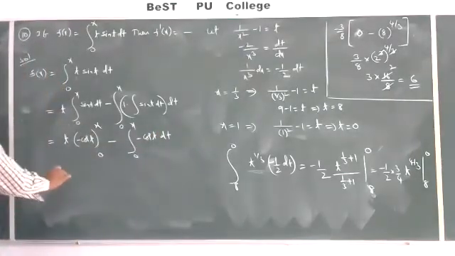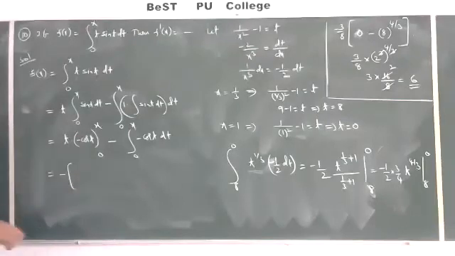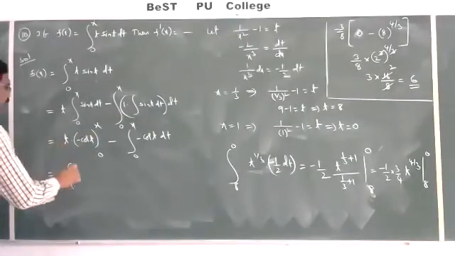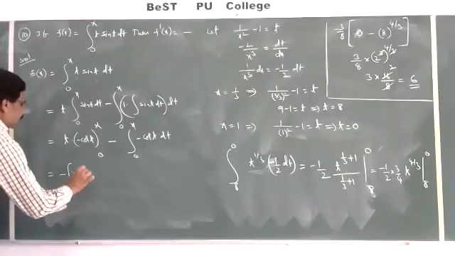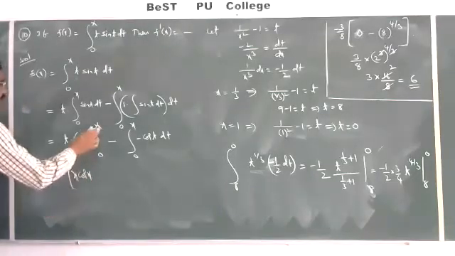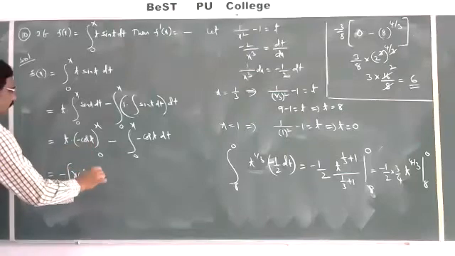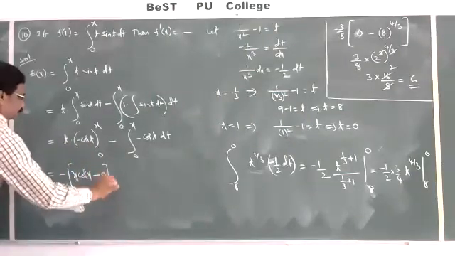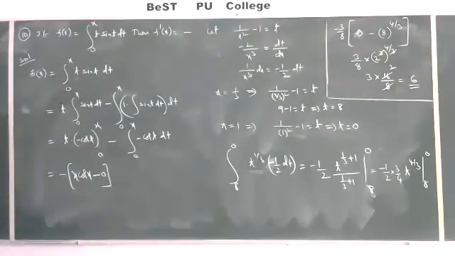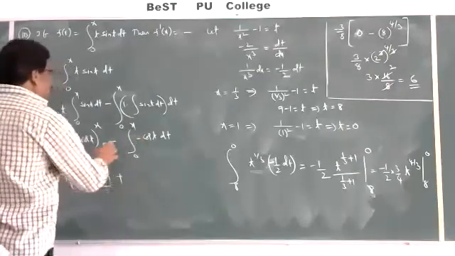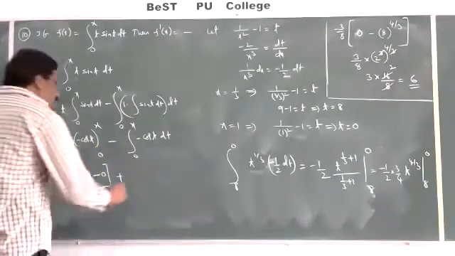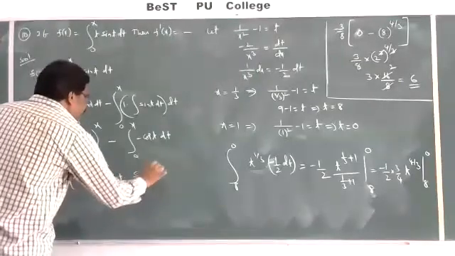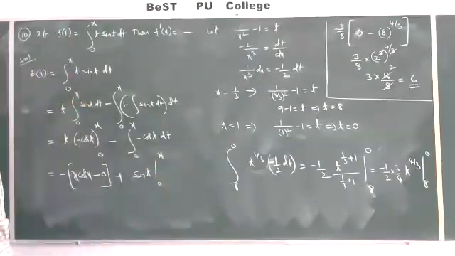So minus is common. Apply the upper limit minus the lower limit. That is, the upper limit gives −x cos x, minus the lower limit 0. Here, minus into minus gives plus, and the integration of cos t is sin t from the limits 0 to x.